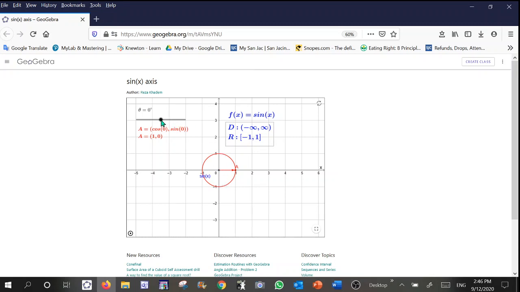So now I'm going to slowly, by 1 degree, move around. See, I'm increasing the angle. And notice that the red circle is on the unit circle, and the blue one is actually on the coordinate plane that we want to graph.